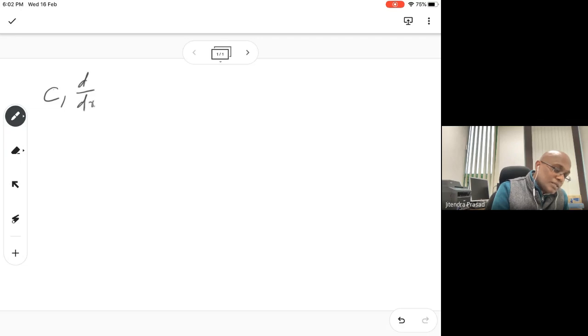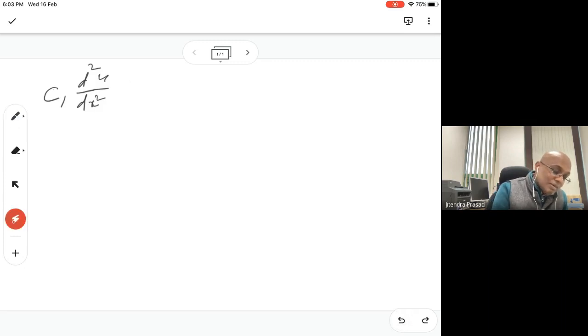Since I'm doing just one example, this is not a general form: C1 d square u over dx square.